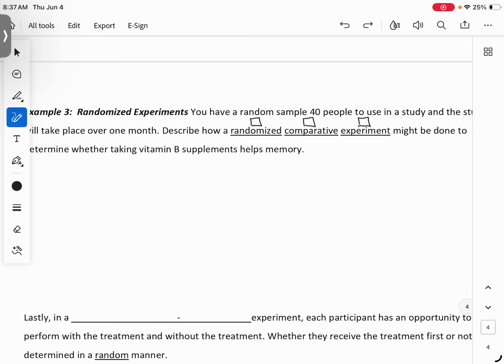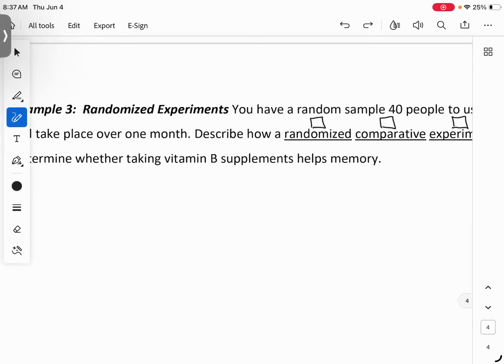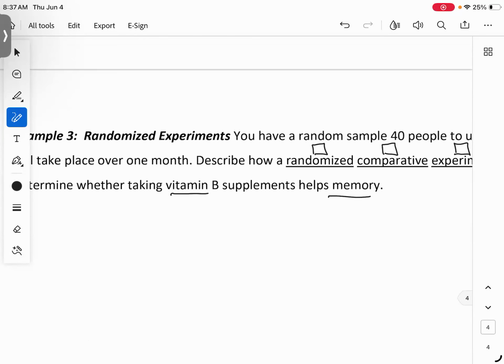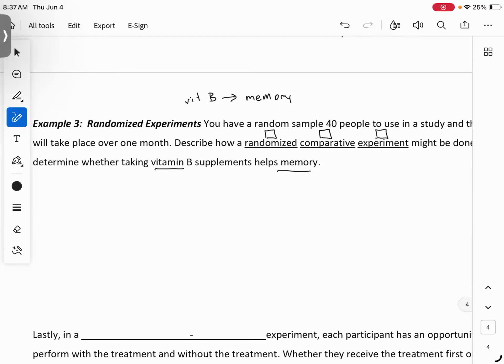We want to see whether vitamin B helps memory. So let's do a bullet point 1, 2, and 3, because we've got 3 boxes that we need to check off.